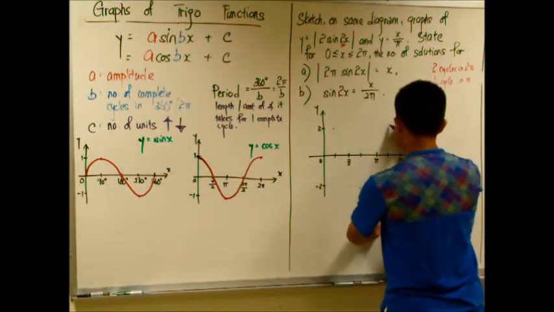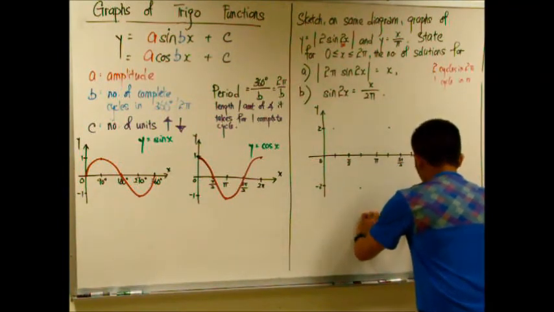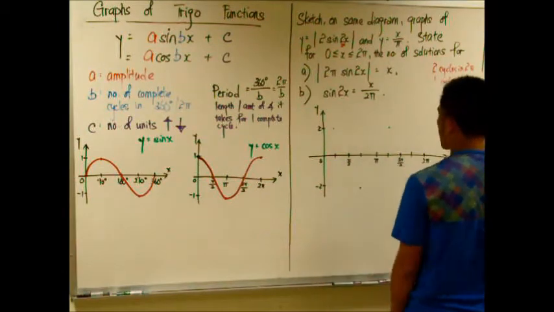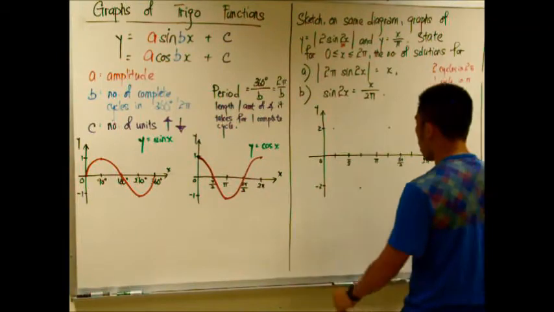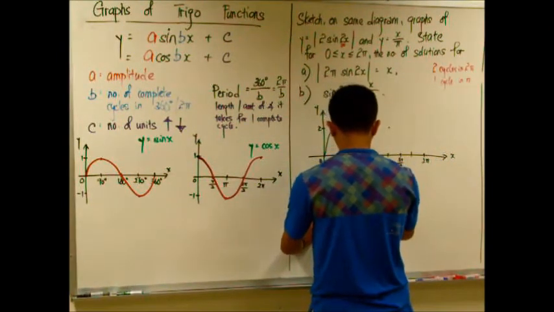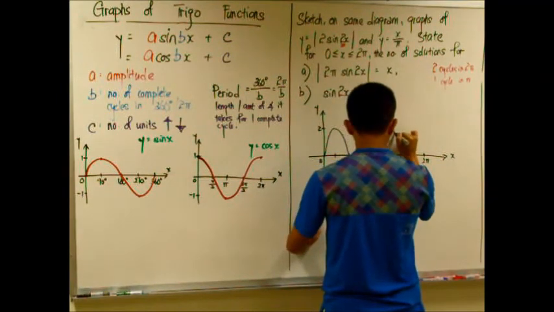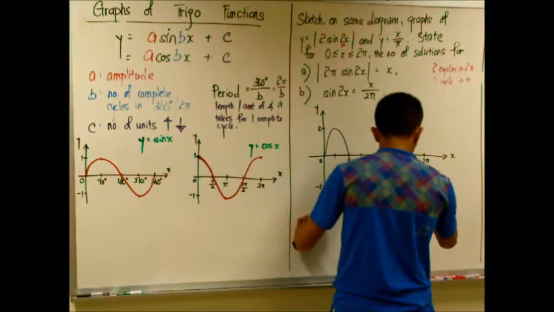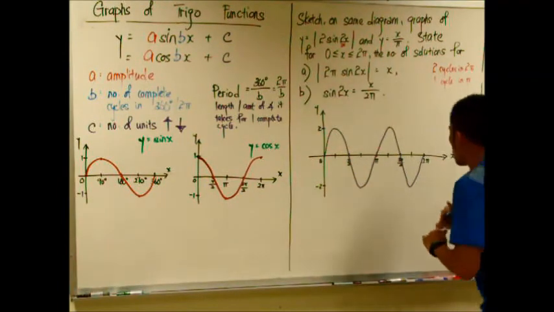Then continue to oscillate up, come down, go down to negative 2, back to the original 0, and once you have seen all the dots, let's join them all together. Lovely. But take note, the graph that we have just drawn is for 2 sine 2x.